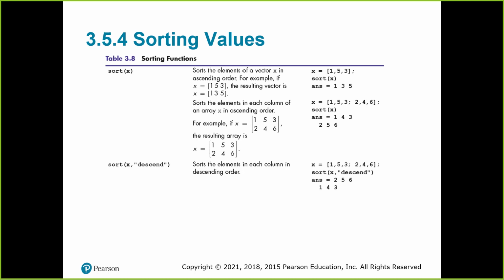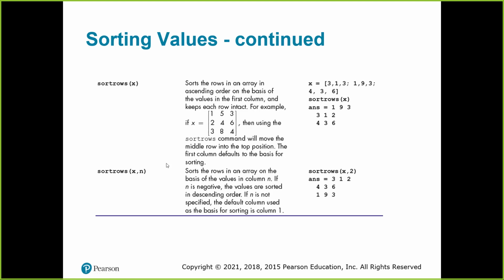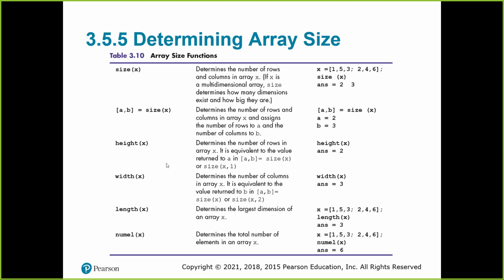Sort generally sorts in ascending order. If you want it to descend, put descend in double quotation marks. Sortrows allows you to sort by a specified row. And okay, size returns the size of the array, and height, width, length.